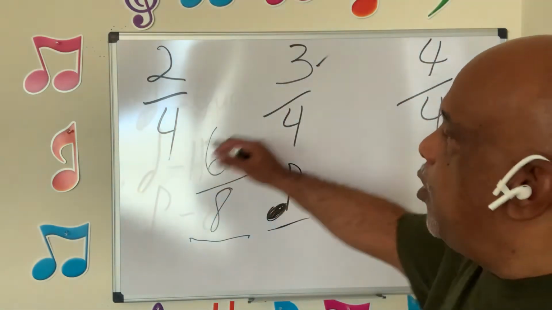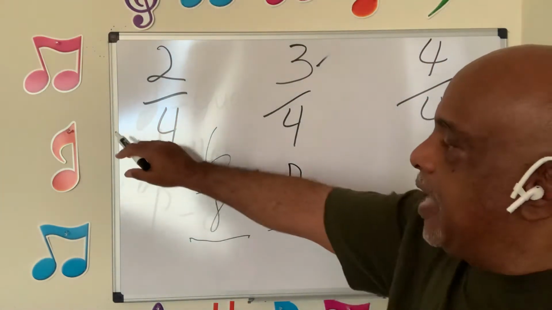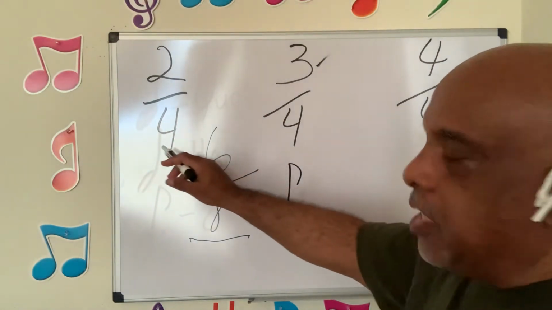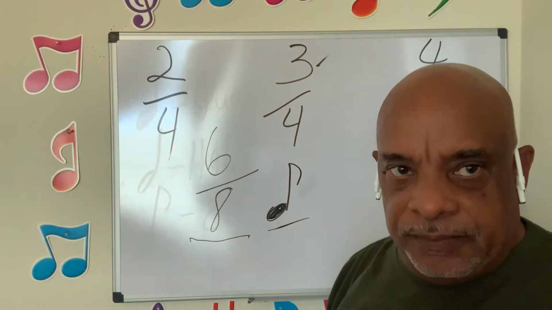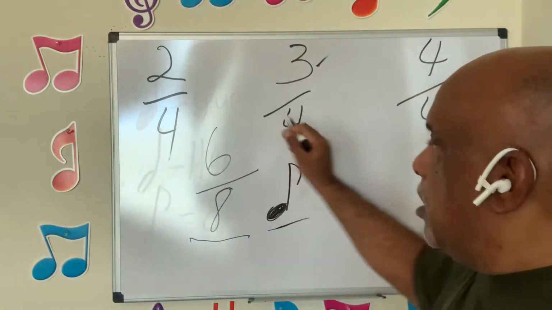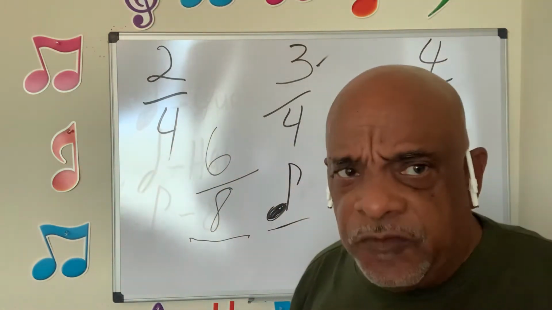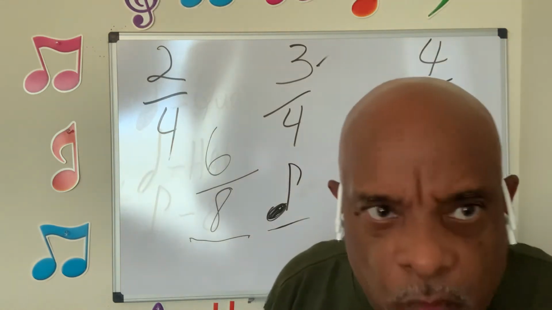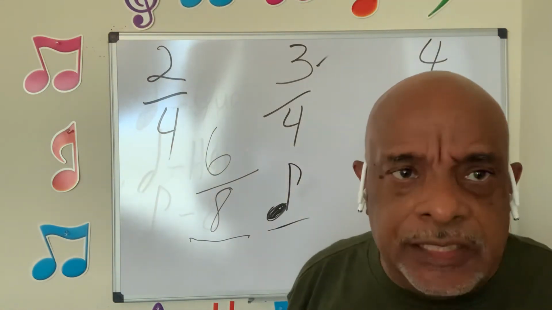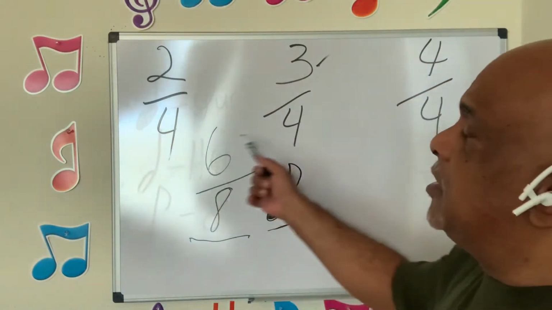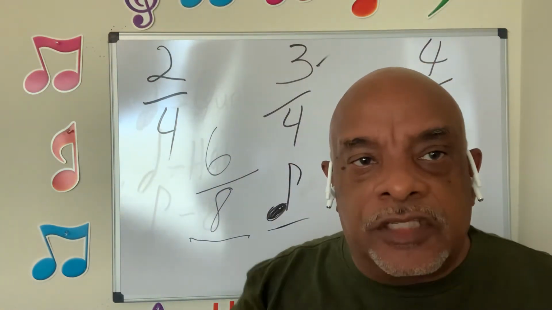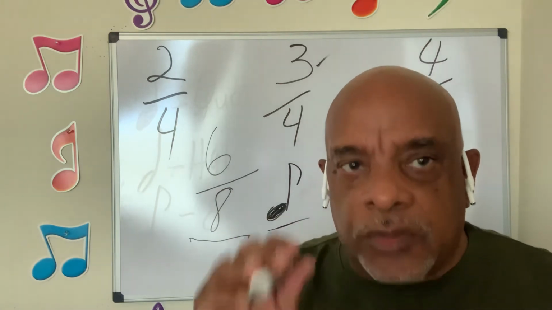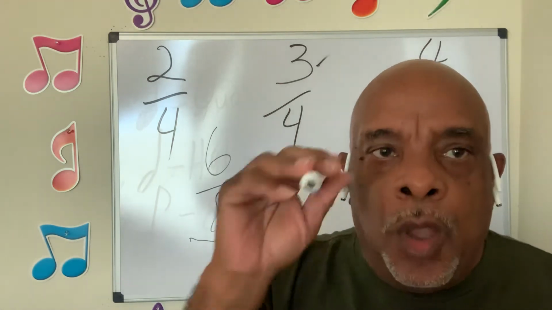If you got 2/4, 3/4, 4/4, that bottom 4 tells you that the quarter note is going to get 1 beat. Like I said before, it could be 24/4, it could be 15/4. As long as there's a 4 at the bottom, that means that your quarter note is only going to get 1 beat.